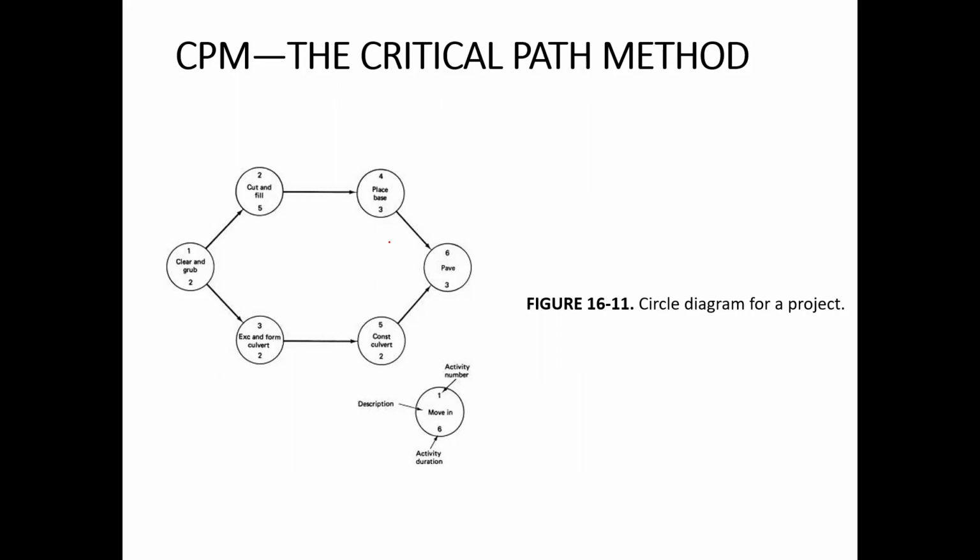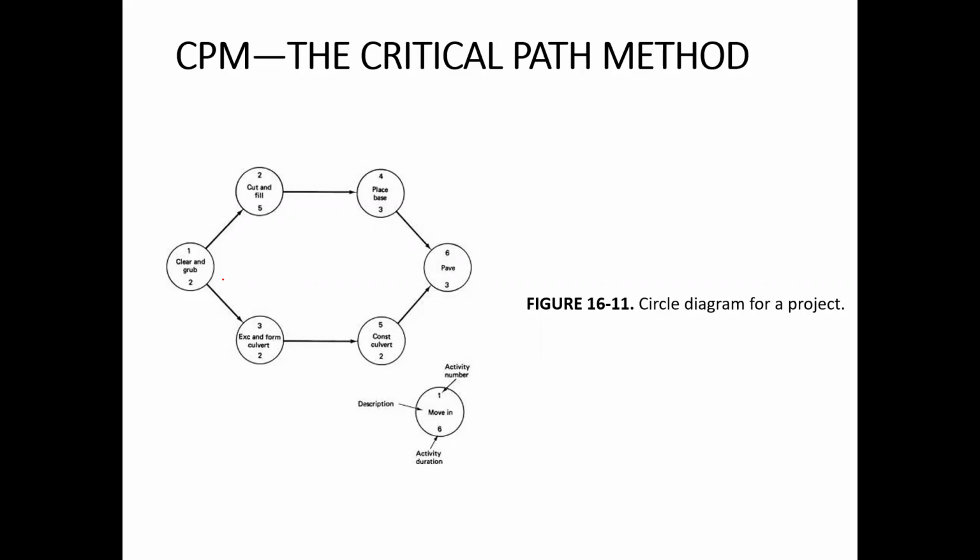All right. Okay, so now I'm going to explain the activity on node diagram method. This is different from the activity on arrow diagram method. And so the diagram which you are seeing is the activity on node diagram. Although you can see some arrows over here, the arrows are not representing the activities.